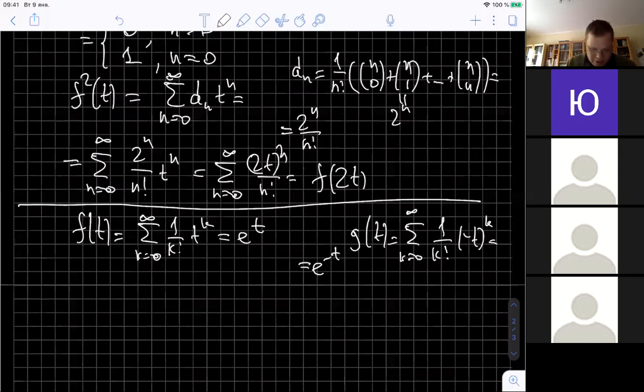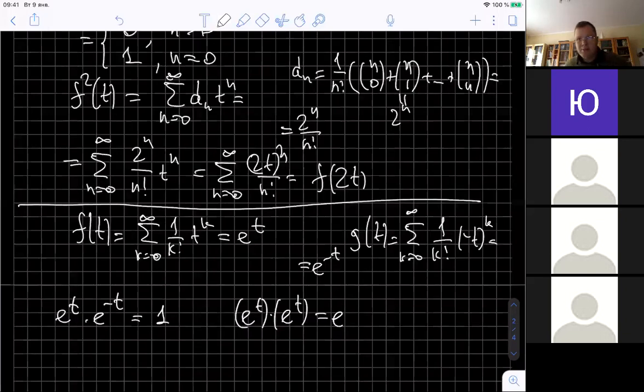It is not very hard to see that the product of these two functions is equal to 1, and the square of the first function will be e to the 2t. So here we have a connection between calculus and combinatorics. We just prove this formula using the combinatorial identities, and here you can write the function that has the same answer. Do you understand?